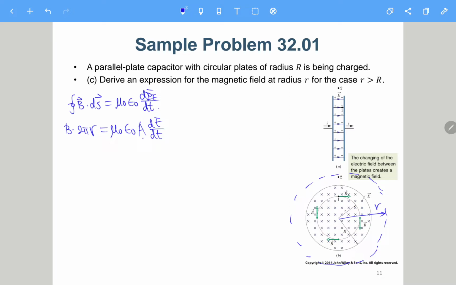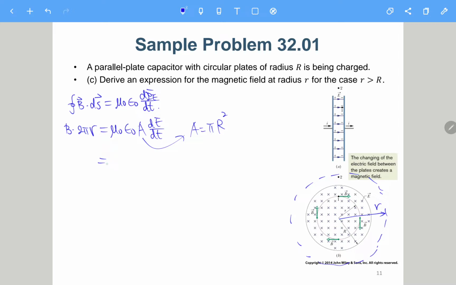But here the A is not pi small r squared anymore. This A should be pi capital R squared, because outside this region, we assume there is no E field. We assume the fringe E field is totally zero. The fringe effect is zero. So A is only pi capital R squared.